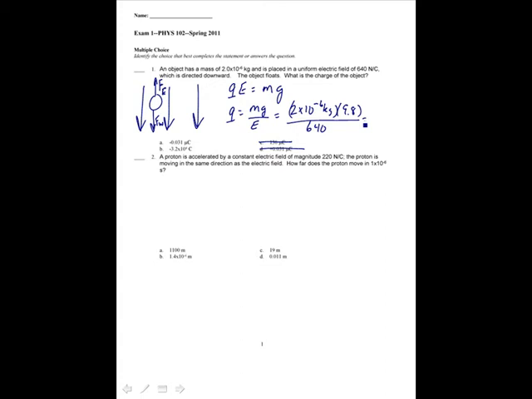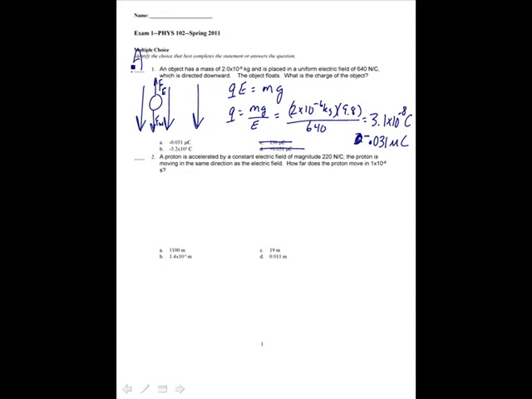Gives me 3.1 times 10 to the minus 8 coulombs, and that's the same as 0.031 microcoulombs, and as I've already said, it should be negative, so the answer for number 1 is A.